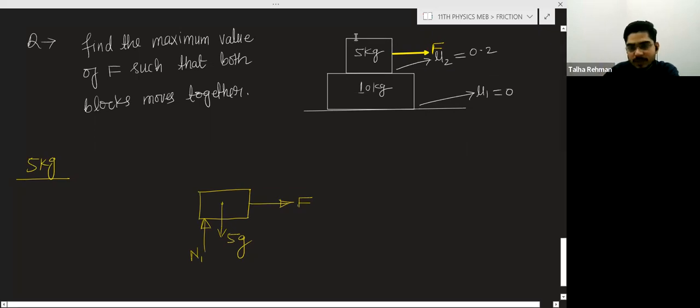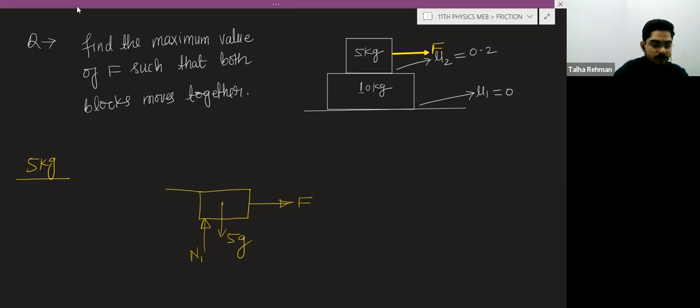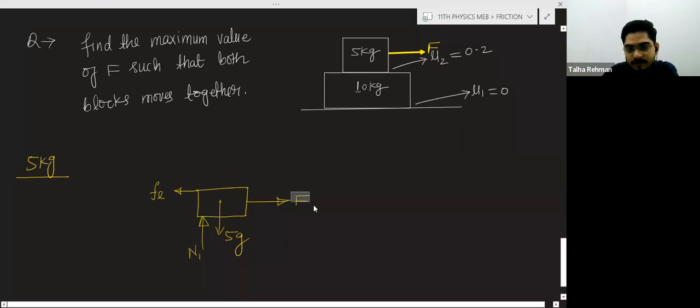Now see, there is a force on this block in this direction, so there will be the friction force on the surface in the opposite direction of the applied force, because this block has the tendency to move in the direction of the force. So basically here will be the friction force in this direction. Limiting friction force will be there, because we want to find the maximum value of the force, which we will get when we put the limiting friction force.